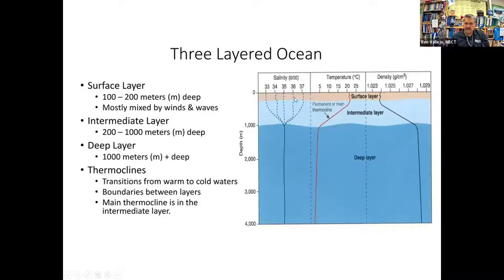And over here you can see the differences in salinity, which are moving a little bit, especially at intermediate level between 200 and 1,000, but fairly consistent at 35 parts per thousand as you go into that deep layer right there. So it can be higher and lower, as we talked about earlier, but once you get to the deep layer, it's pretty consistent right there.